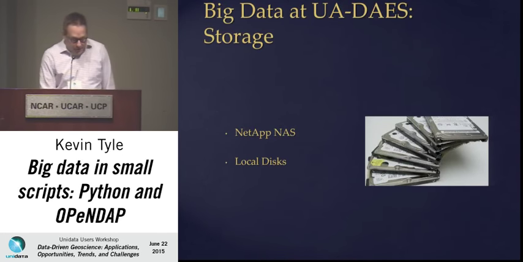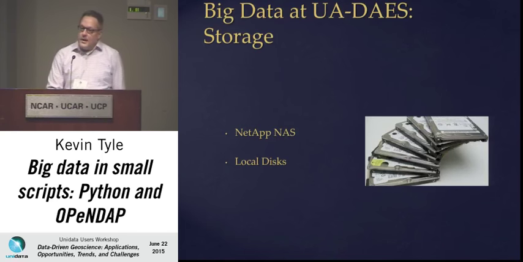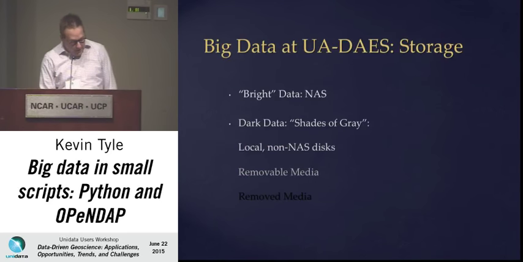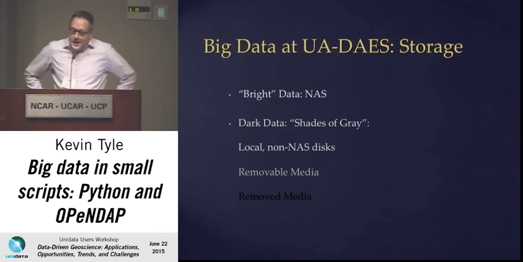So we'll go through these fairly quickly, but when we talk about storage in my department, we have network-attached storage and we have local disks. Obviously, there's a limit in terms of network storage, due to the increased expense, on how many terabytes we can accommodate in our department. Now, there are different flavors of data.